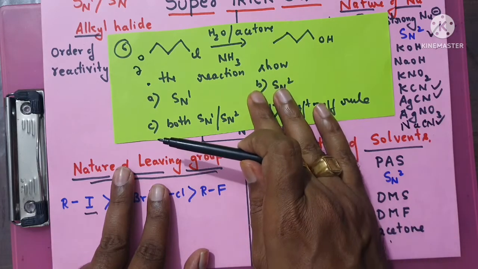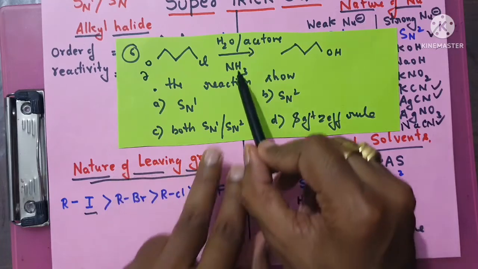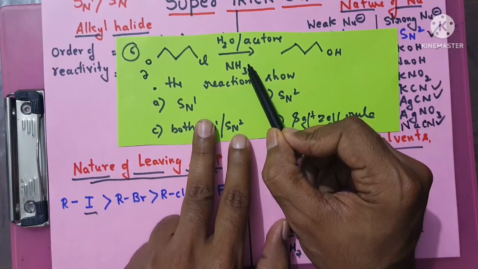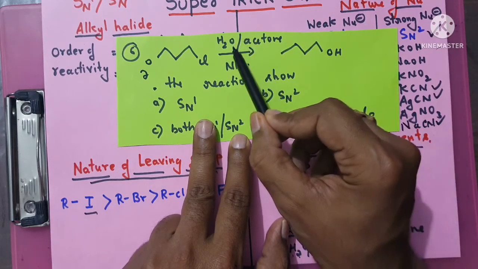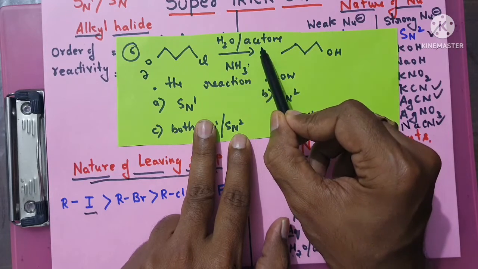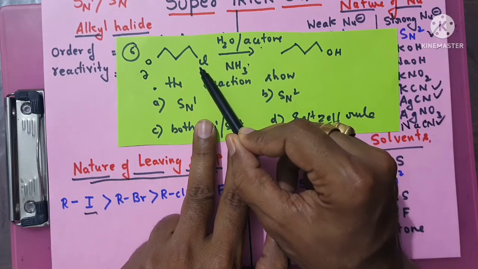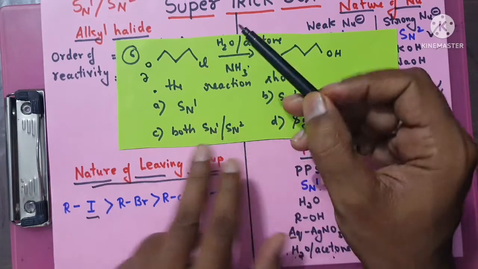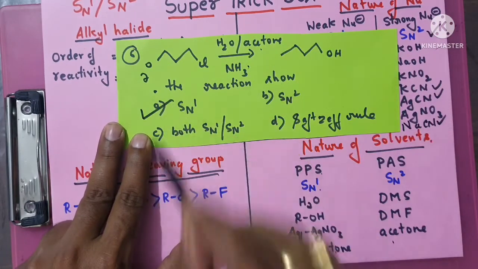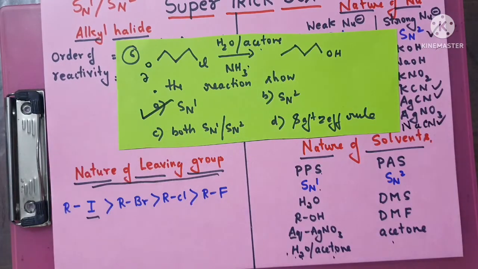So in this question, if you observe, there is a weak nucleophile, and there is a polar protic solvent. Definitely this secondary alkyl halide will undergo SN1 mechanism. I hope you are understanding how I am making use of this trick box again and again.